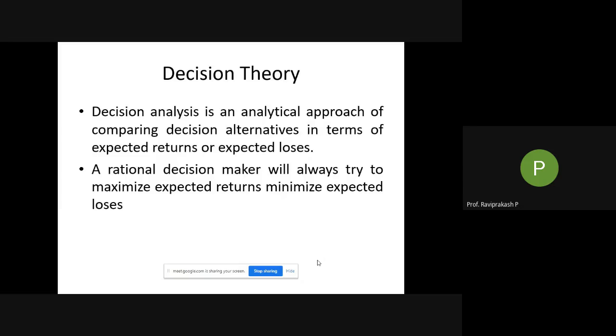Here we have a set of alternatives for a particular problem, like multiple solutions for a problem. For example, you want to come to college from your home. What are the different alternatives available to you?